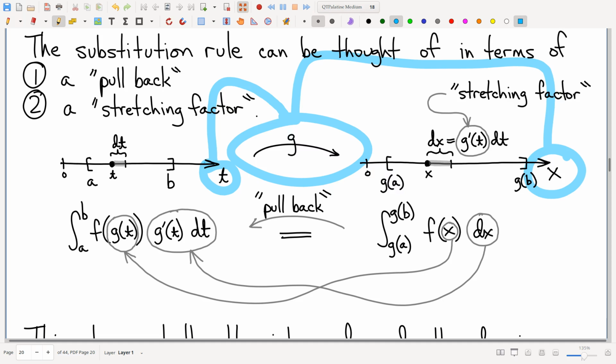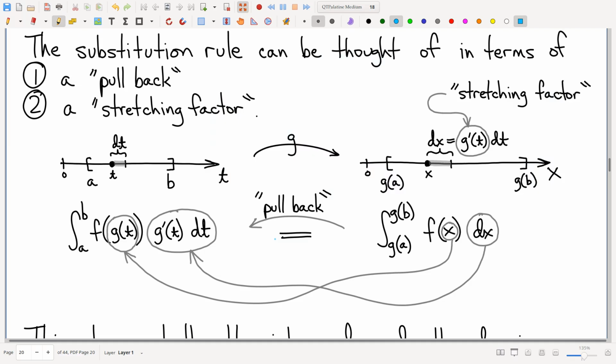And then g represents an action of taking points out of here and dropping them as images over here. Is that cool? I didn't really do anything. I'm just visualizing this function g, our substitution function. Okay. All right. Well, no surprise.